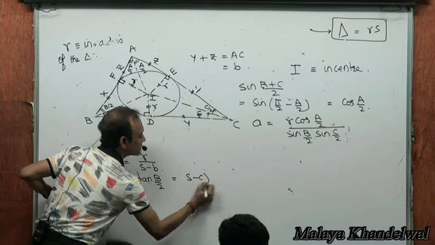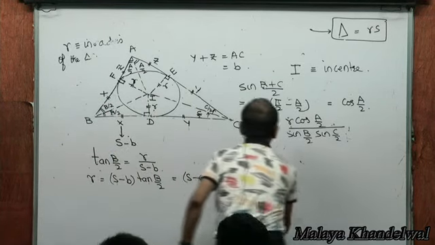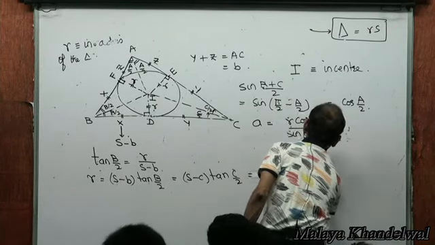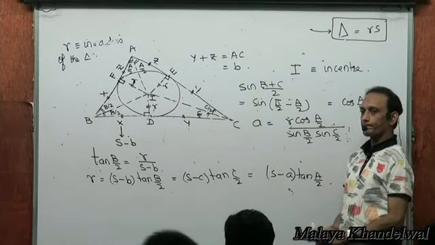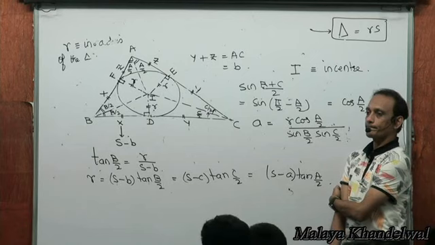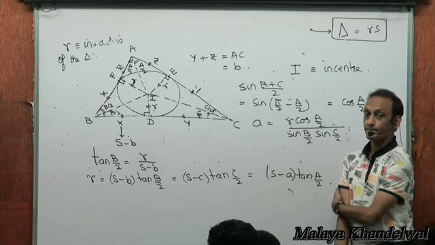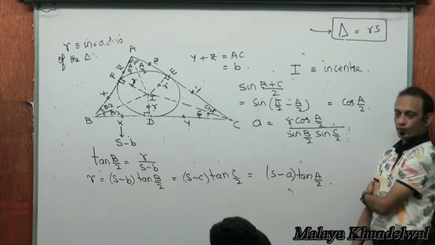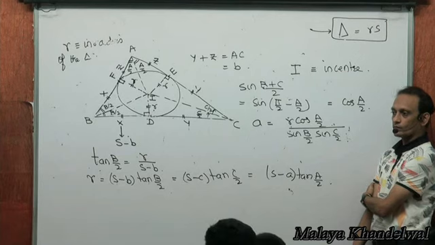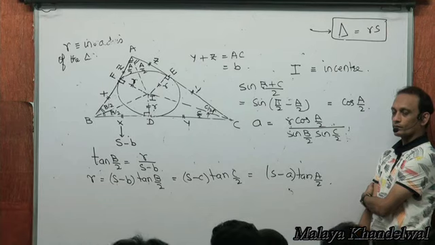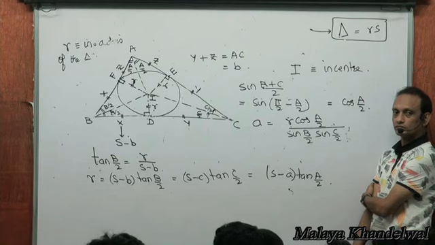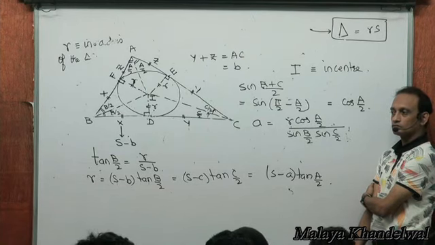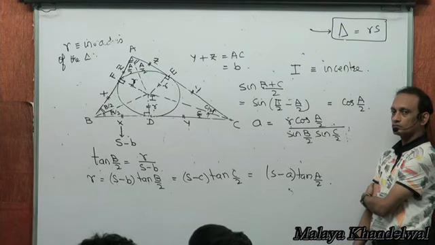So similarly, (s minus c) tan C by 2, and exactly the same way (s minus a) tan A by 2, each must be equal to small r. All's good.